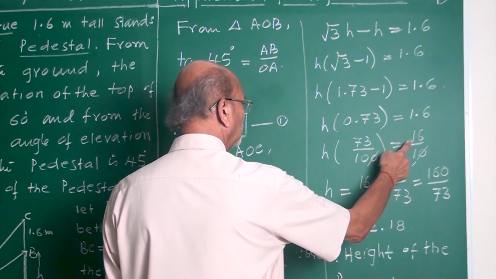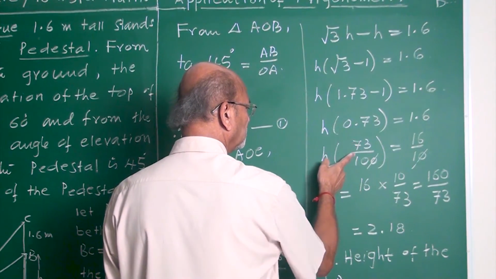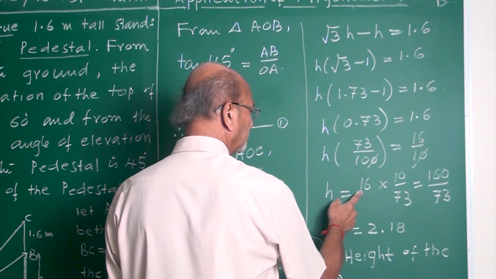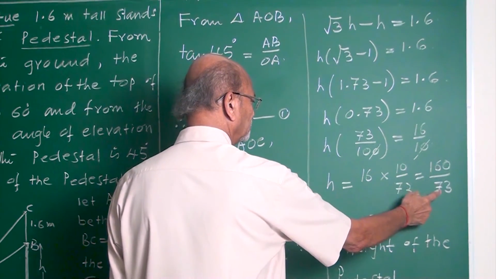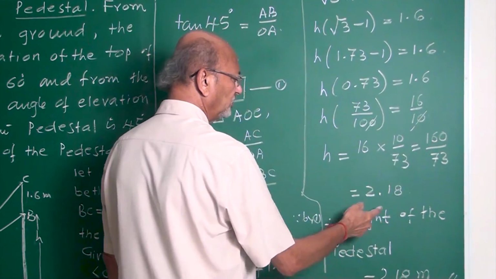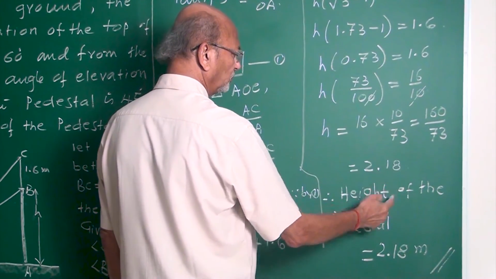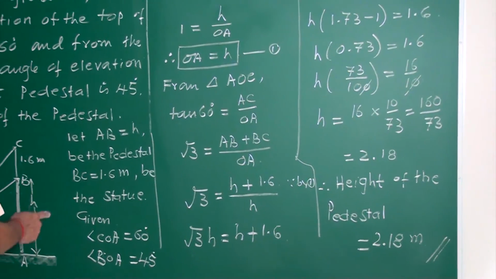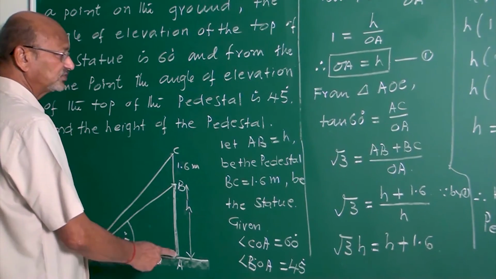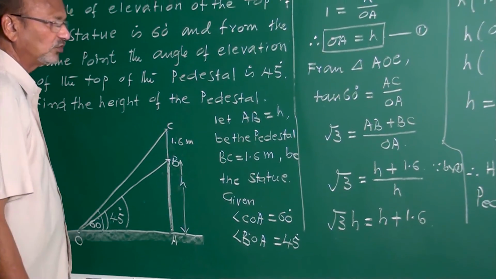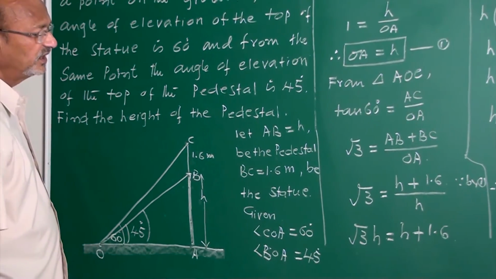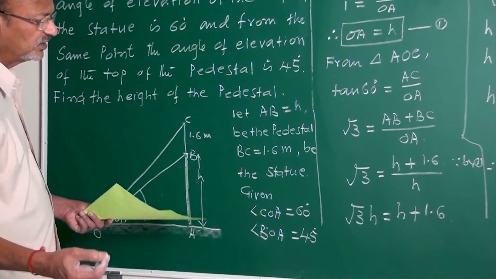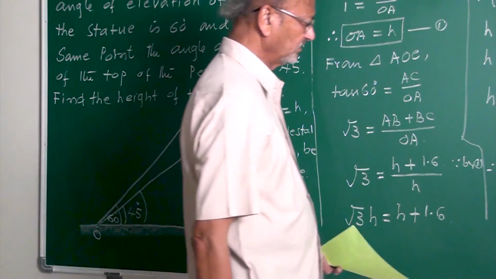H equals 16 into 10 upon 73, which is 160 upon 73. If you divide, you get 2.18. Therefore, H is nothing but the height of the pedestal. So the height of the pedestal is 2.18 meters.